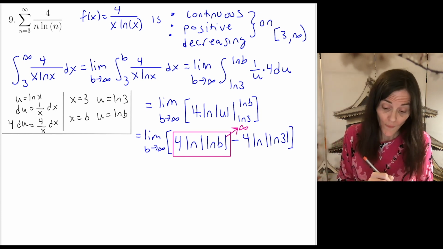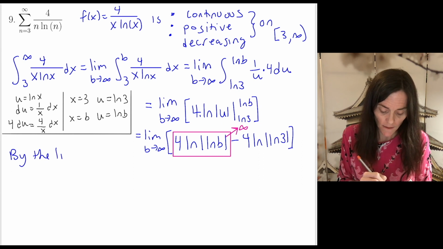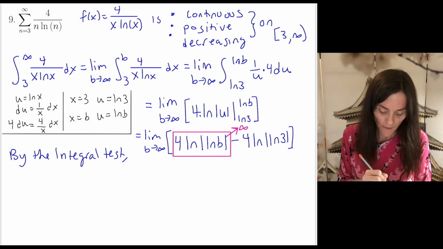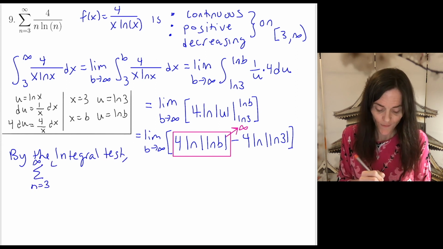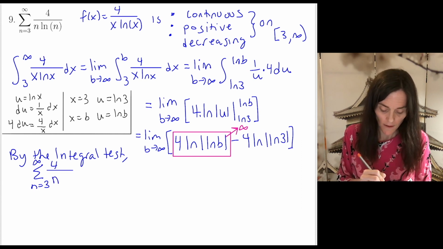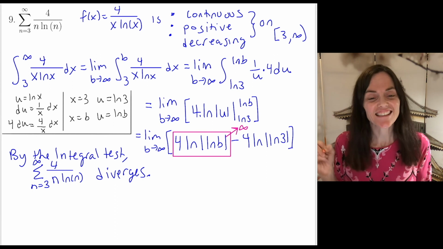And so we're ready to finish the problem by the integral test. My series, which is the sum, n equals 3 to infinity of 4 over n natural log n, diverges. This is a divergent series.